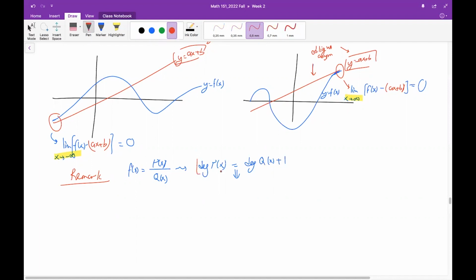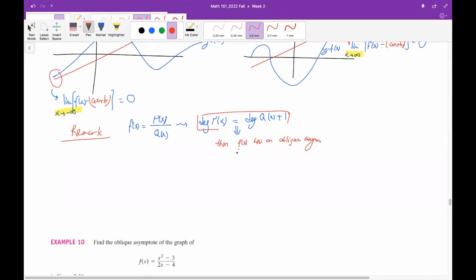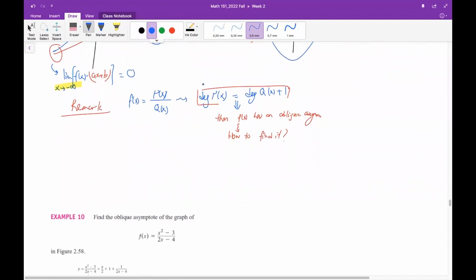If this happens, then you say that f(x) has an oblique asymptote. And how to find it? Find it by performing polynomial division.